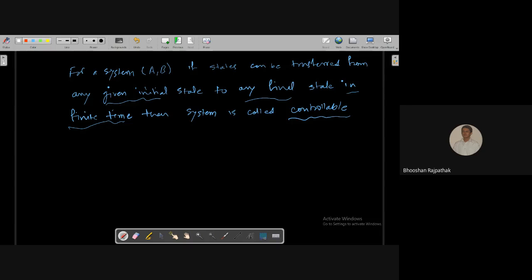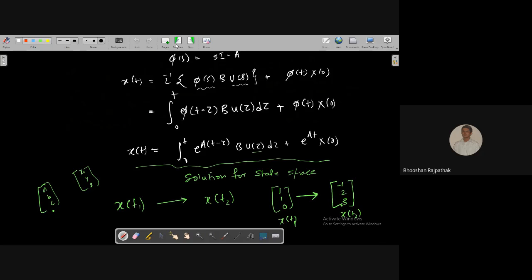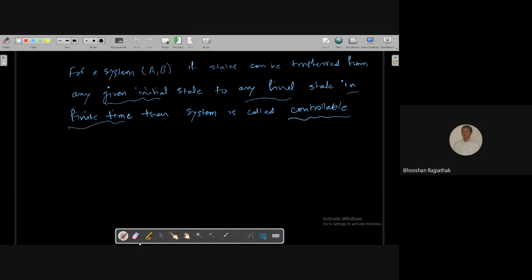Now, one more point: observable. Controllable we have seen. So when we have these two equations, y equal to Cx and x dot equal to Ax plus Bu, another question which can be posed here is, let's say we have some knowledge of the output over some period of time from 0 to t.